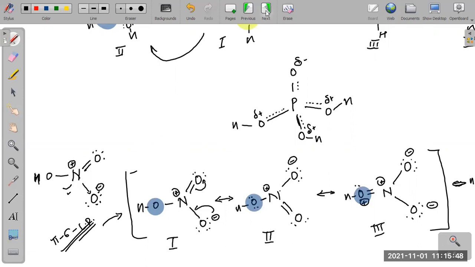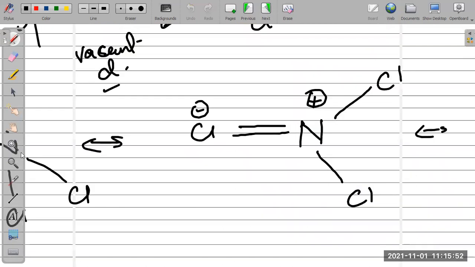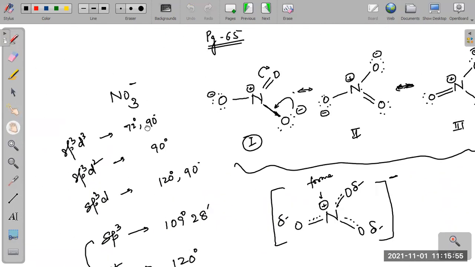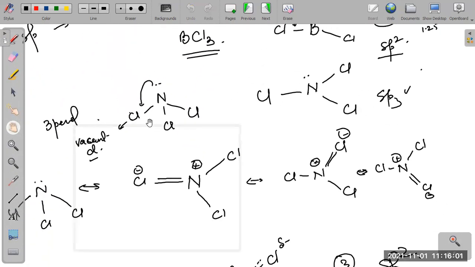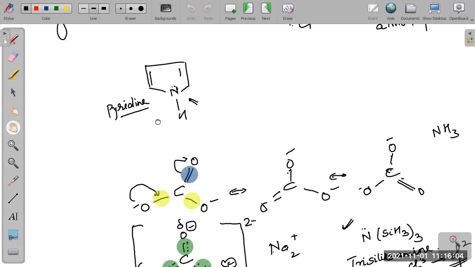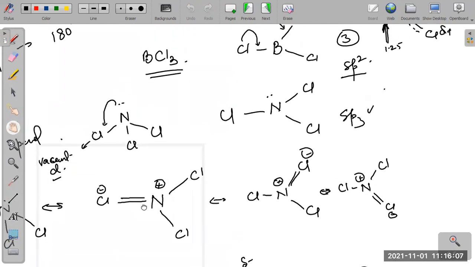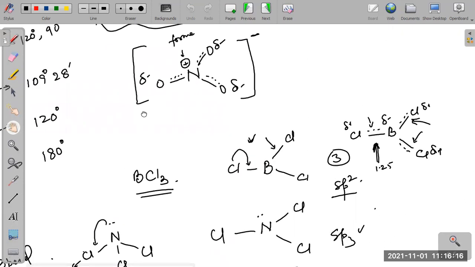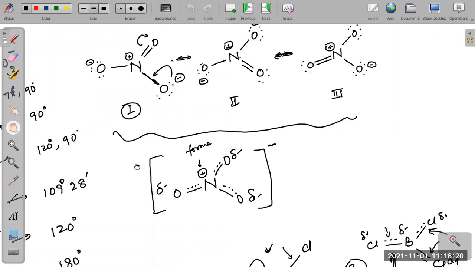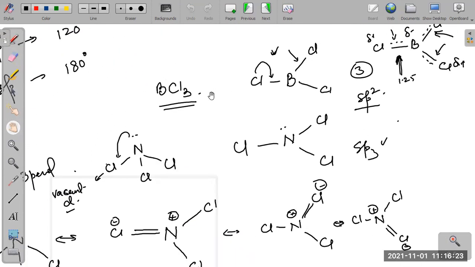The next category of delocalization is. We have some more examples of lone pair and vacant orbital delocalization that take place in the case of BCl3, or for that matter BF3 or even BBr3 and BI3.